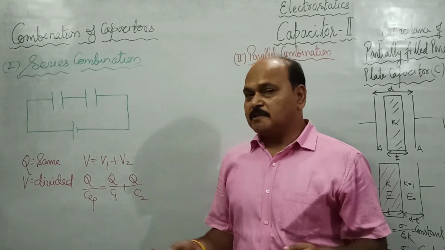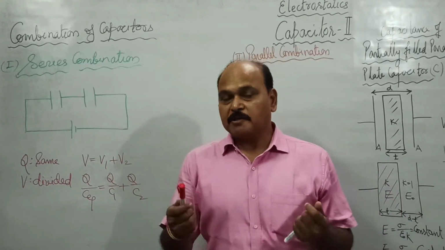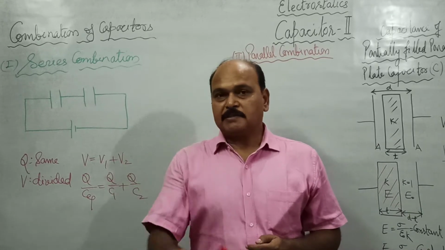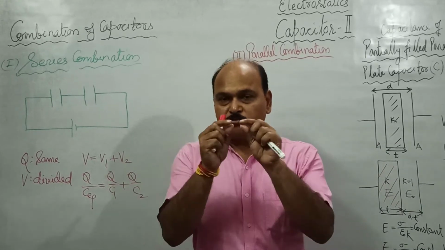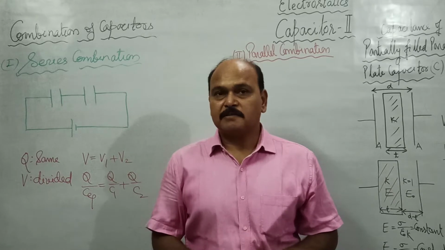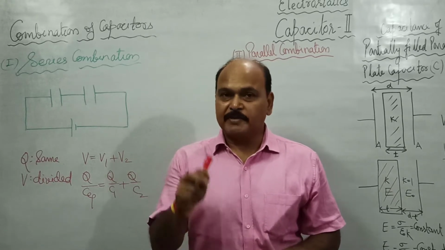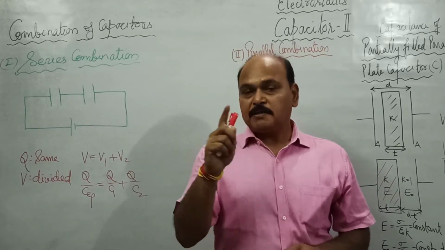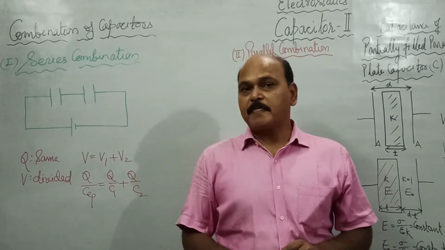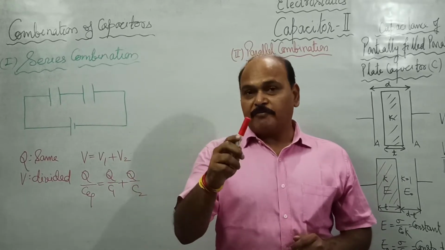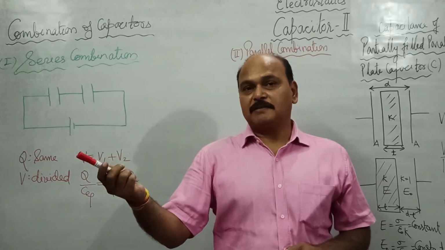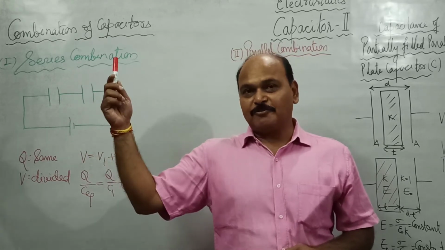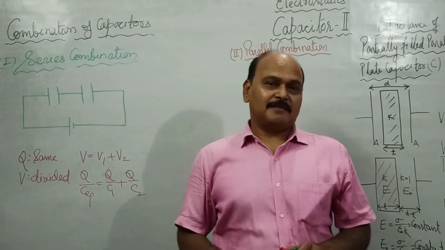What is series combination technically? Listen, every device has two connections, two ends. So every electrical device has two terminals. One is called 1, the other is called 2. Well, when one of a device is connected with two of another, and if the process continues, it is called series combination.